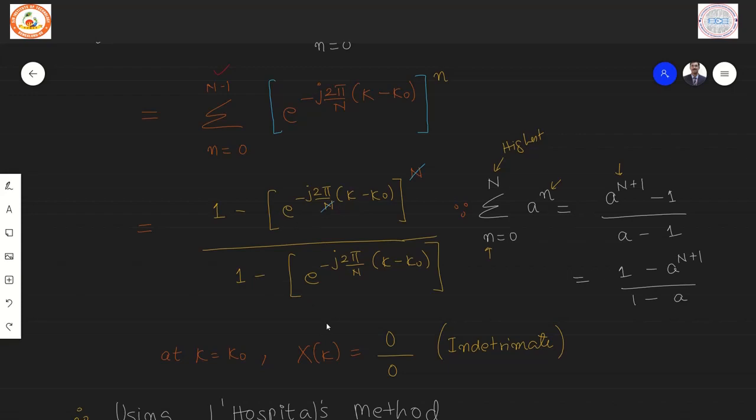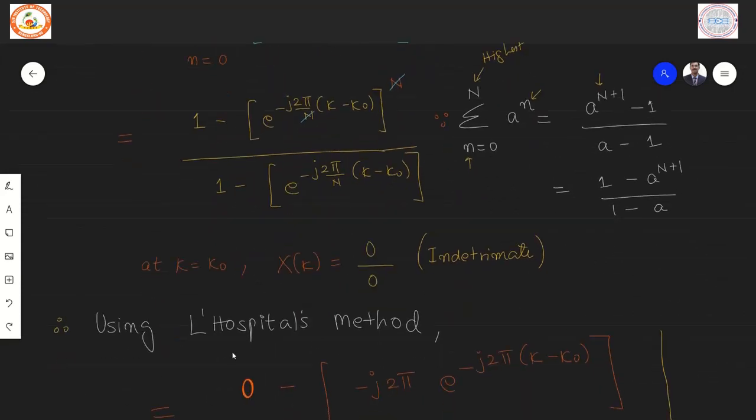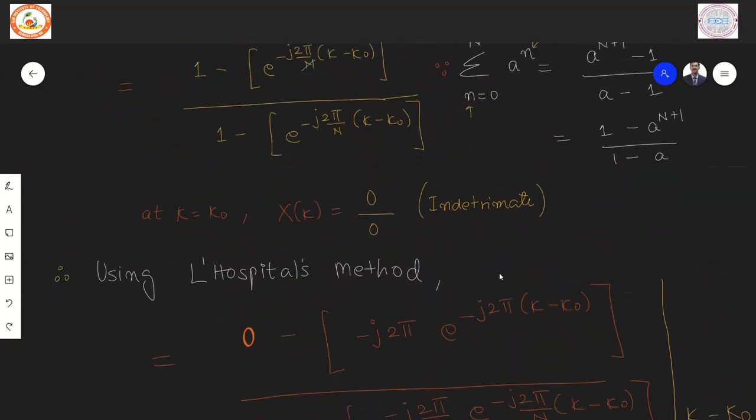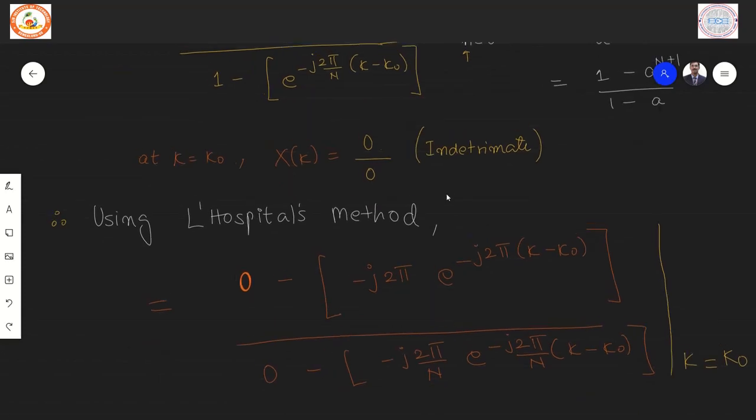Now, to simplify this particular problem, we can apply a method which is called L'Hopital's method. It involves differentiating the numerator and denominator with respect to k, and then substituting the value k is equal to k naught. Therefore, on differentiating, the term will become something like this. You can see that the differentiation of 1 is 0, minus, when you differentiate an exponent, you get the same exponent, and in addition to that, we will have the value minus j2 pi.